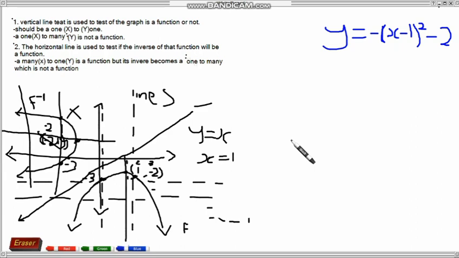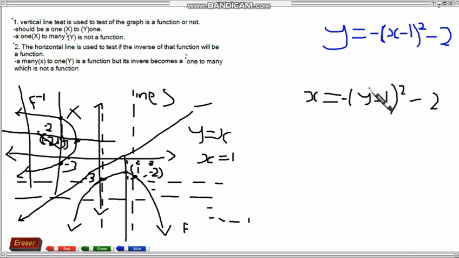So, okay, the equation for the inverse, let's first switch the values. Instead of y is equal to, now it is x is equal to y minus 1 squared. So now I'm trying to make y the subject.